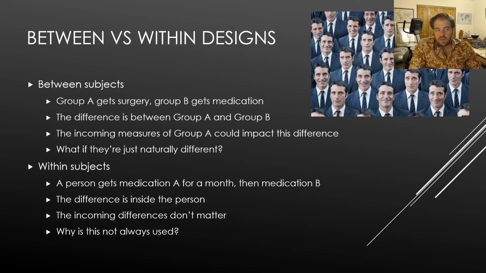So usually within subjects design is better because you're accounting for your own slowness. Like, I'm not a super fast runner. There's tons of people who are faster than me. And that doesn't mean that it didn't cause a difference. So we're kind of removing my base running speed from the experiment entirely.